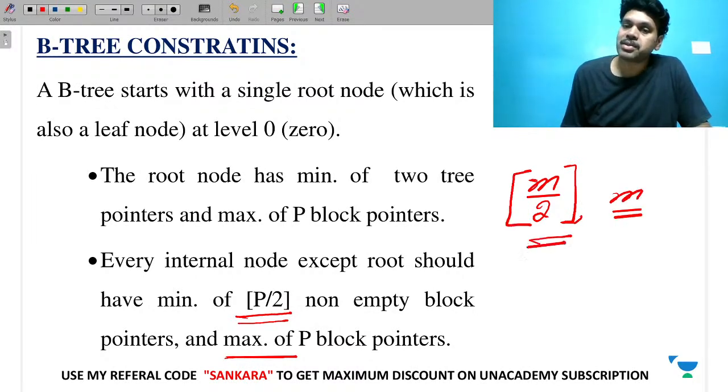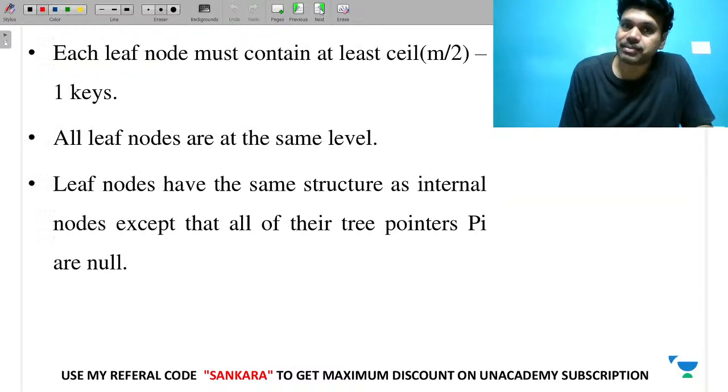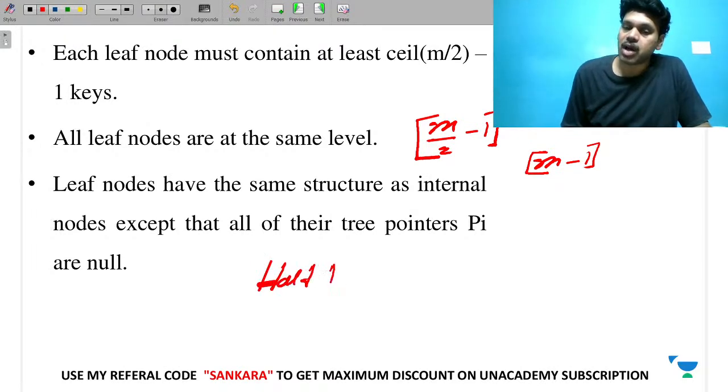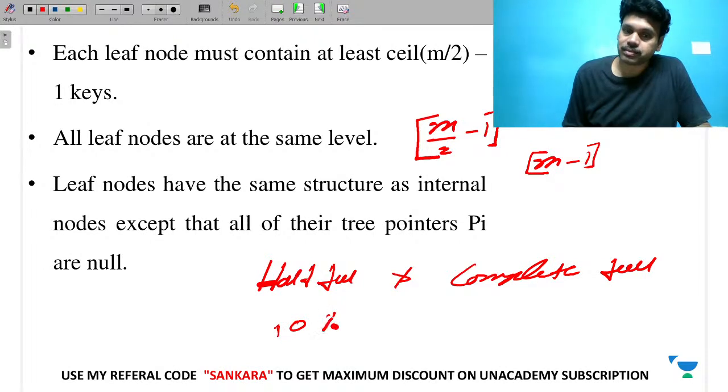These many pointers you can maintain. And the leaf node is supposed to have a maximum of m minus 1 keys and a minimum of m by 2 minus 1 keys. So my dear friends, that's why there is a concept called half full and complete full. Half full is nothing but 50% and complete full is nothing but 100%.